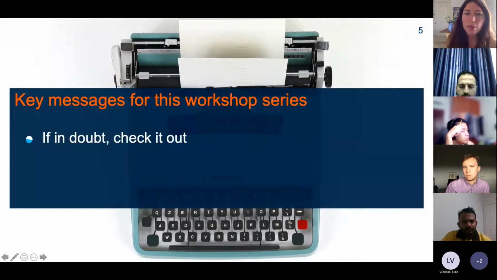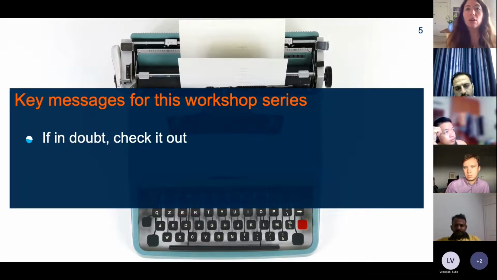Now, there are a couple of key messages I would try to put out there from this workshop series about academic writing. The first is, if in doubt, check it out. You need to be very rigorous when you're doing your academic writing, from every aspect, really. If you're unsure of facts, or if you need to back up with relevant figures, make sure you check other relevant sources rather than leaving it to chance.